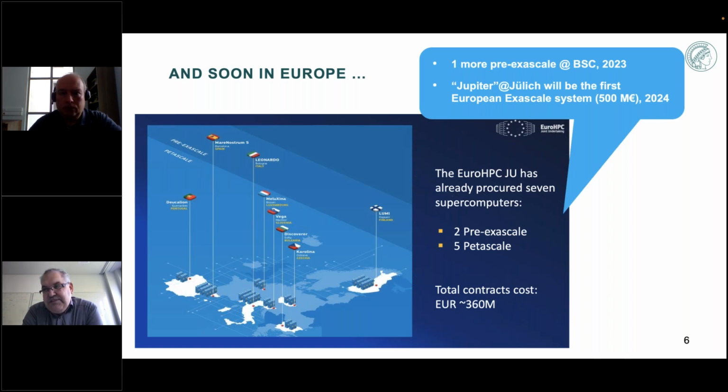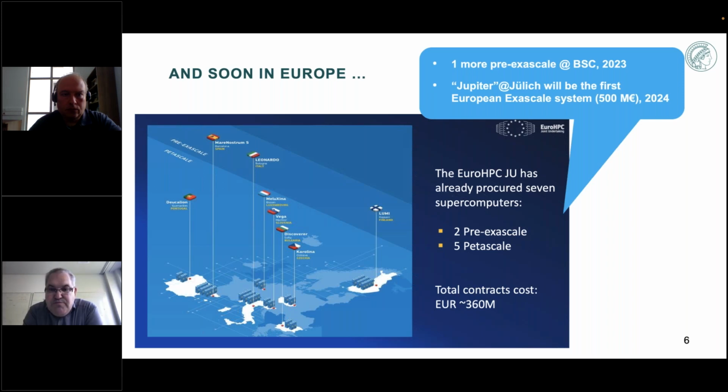There's of course the national and institutional landscape that every country has, but on the European level, we have, apart from these two pre-exascale systems in Finland and Italy, five so-called petascale systems that are smaller systems in the range of 5 to 10 petaflops in various countries.